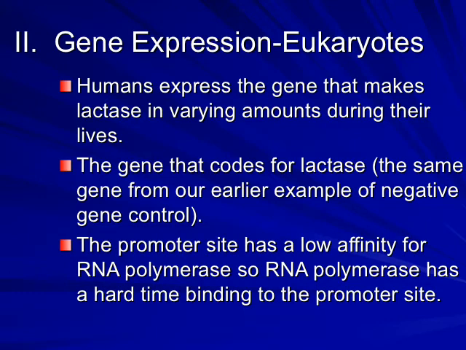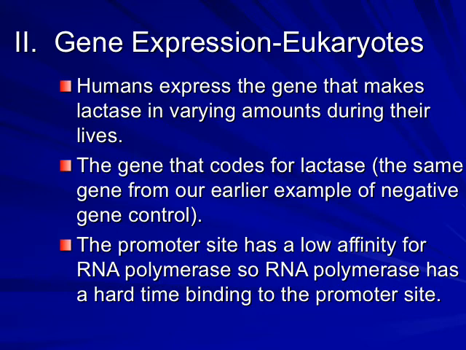So now let's talk about gene expression in eukaryotes. Both of those examples that we just talked about, the tryptophan and the lactose, are examples found in prokaryotes. Let's talk about how gene expression is controlled in eukaryotes. Humans express the gene that makes lactase in varying amounts during their lives.